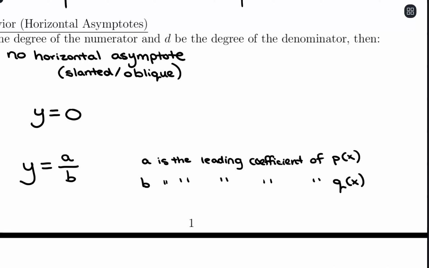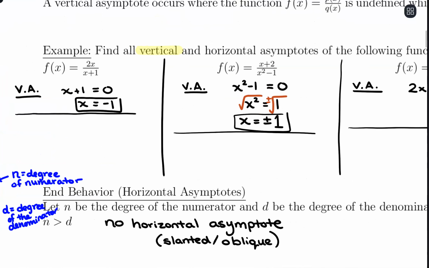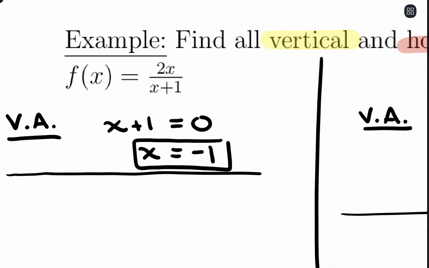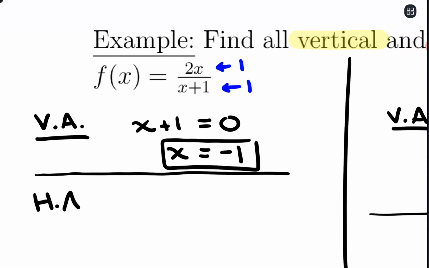So let's go through and look at a comparison of how these all come through. Let's go back to that example where I said we were putting on hold those horizontal asymptotes. Our first function is 2x over x plus 1. The degree in the numerator is 1, and the degree in the denominator is also 1. So the degree of the numerator is equal to the degree of the denominator.